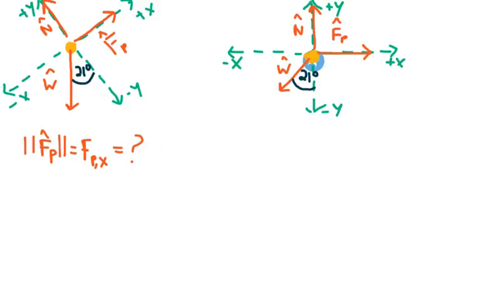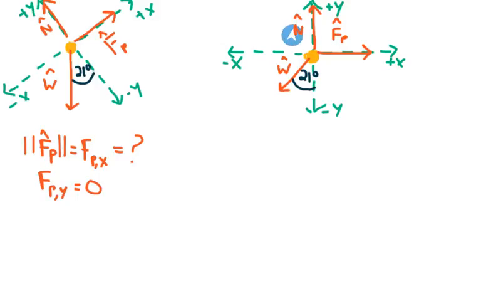Let's go ahead and write this out. So FPY, just to be clear, is 0, because it's acting directly along the positive x-axis. Now let's take a look at the normal force. Since it's acting directly along the positive y-axis, it's not going to have an x component.